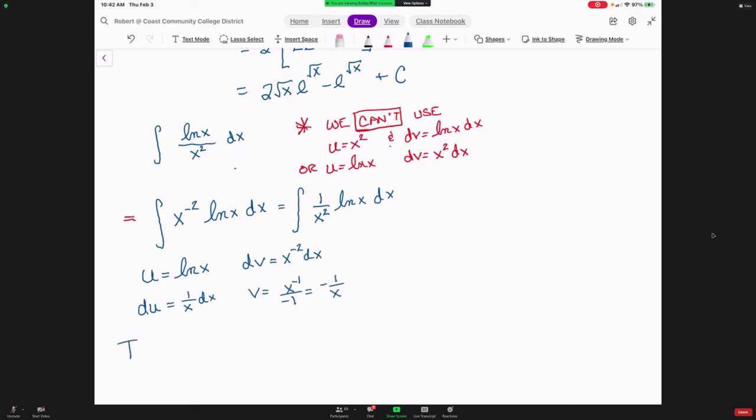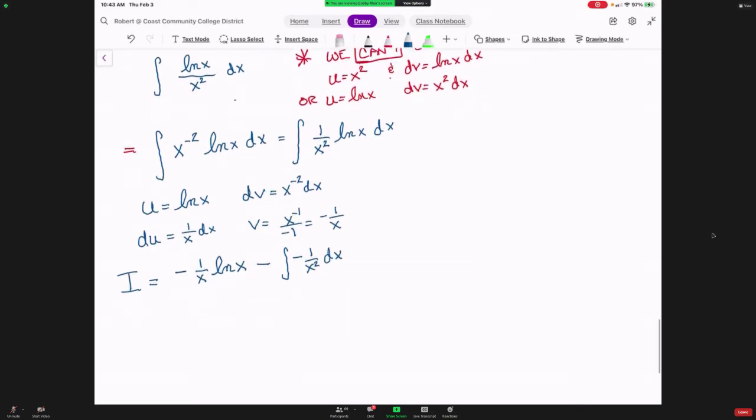So our integral is going to be uv, negative 1 over x natural log of x, minus the integral of v du. Okay, so 1 over x natural log of 1 over x.